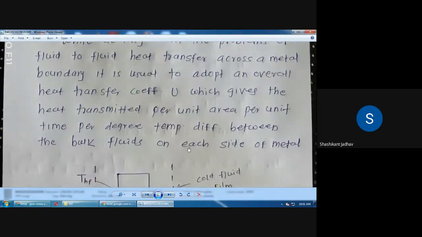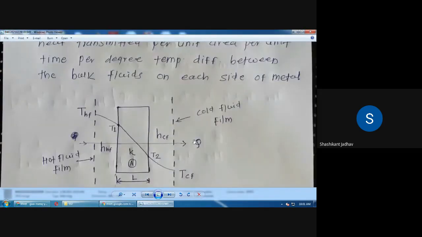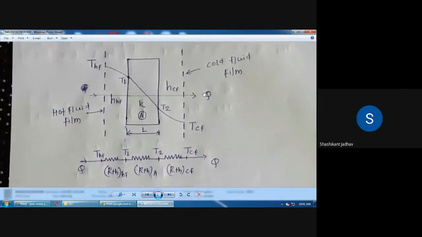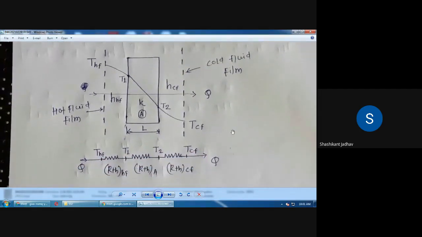Okay, for this we have to draw this diagram. At the center there is one solid component, and at the left hand side of this solid component there is a hot fluid film, and at the right hand side there is a cold fluid.